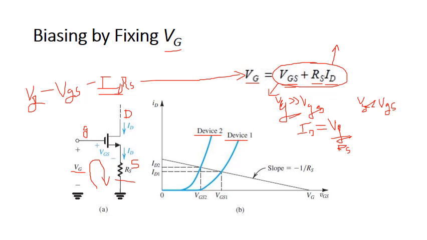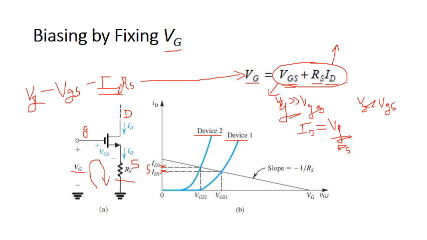Now Vg is fixed over here. We can see the ID current of the two devices is almost equal, very close as compared to the previous case. By biasing by fixing VGS, the ID current was different.